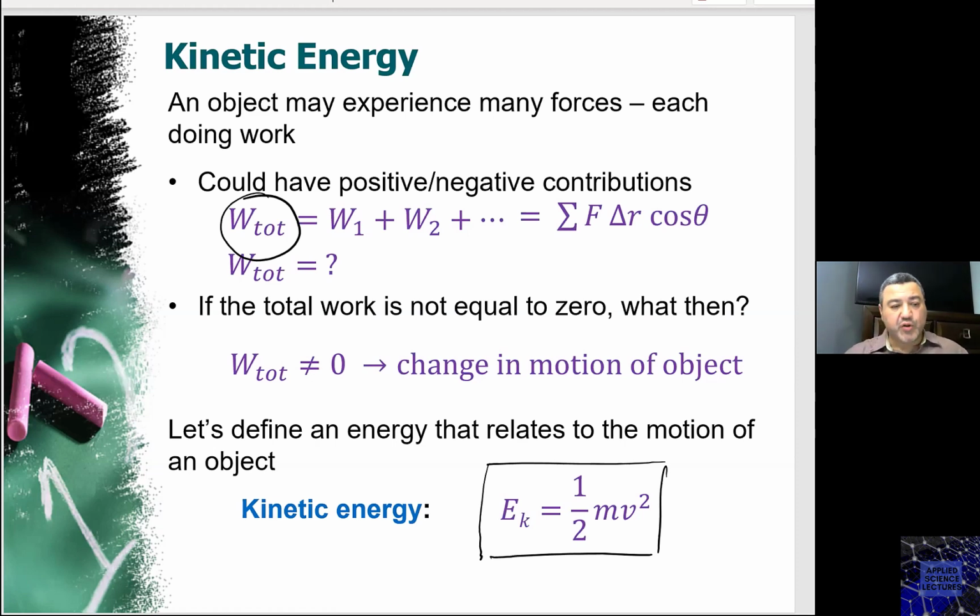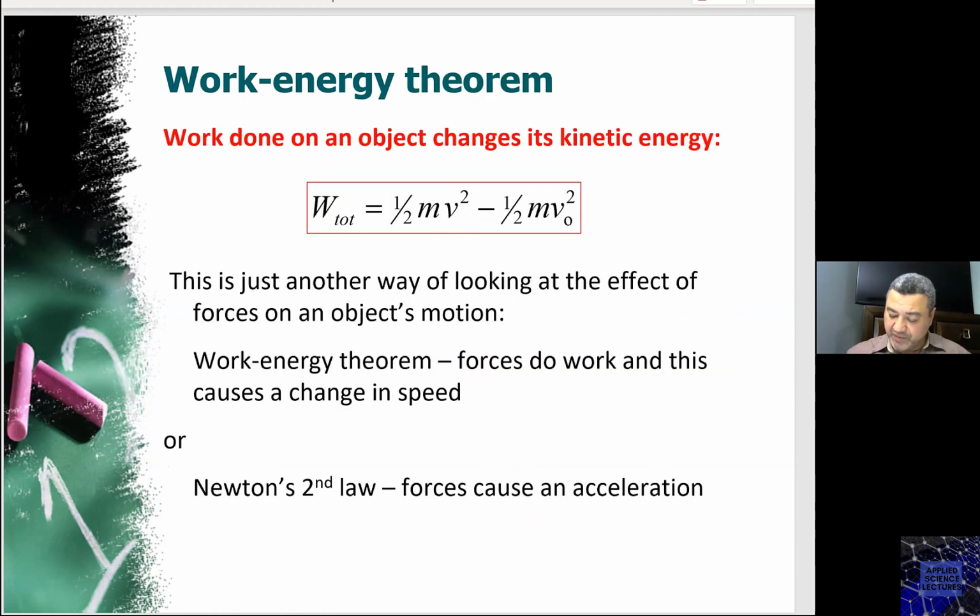So at the end, the total work will be the difference between both kinetic energies. So W total will be half mv squared, where v is the final speed, minus half m v naught squared, where v naught is my initial speed.